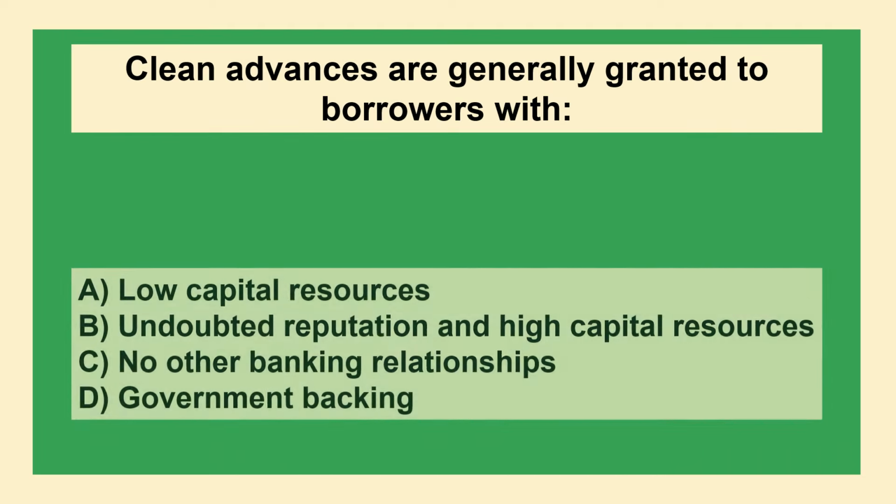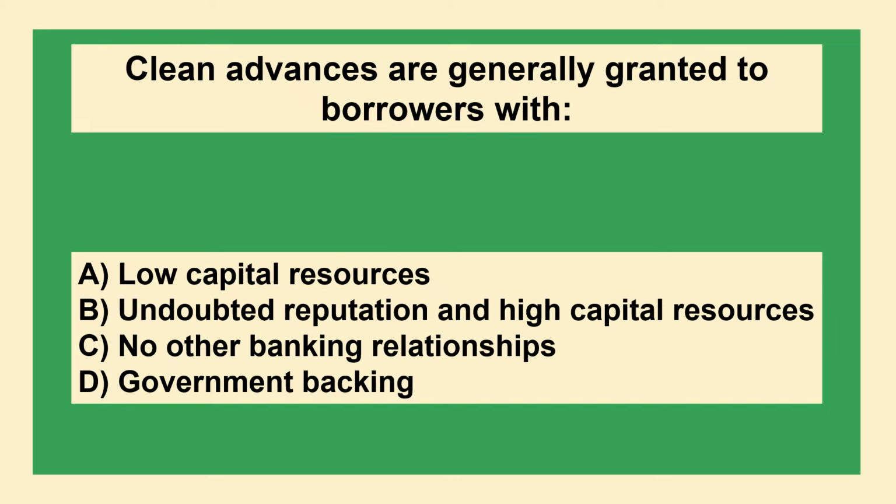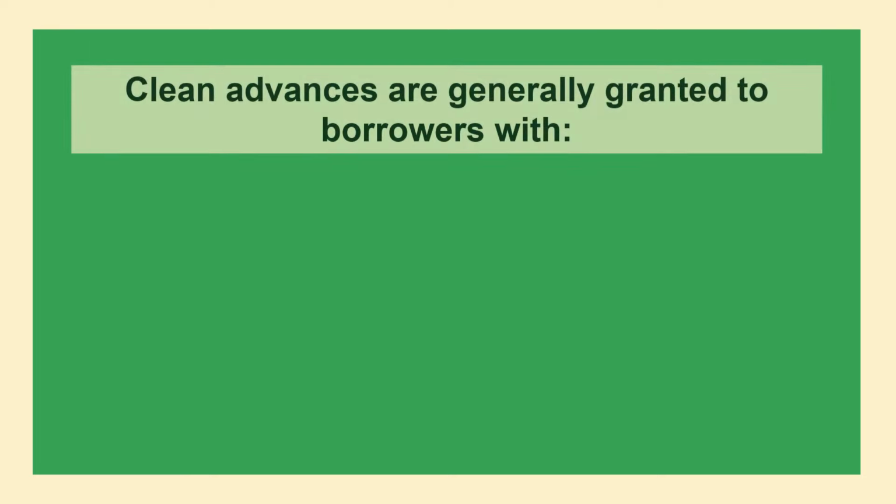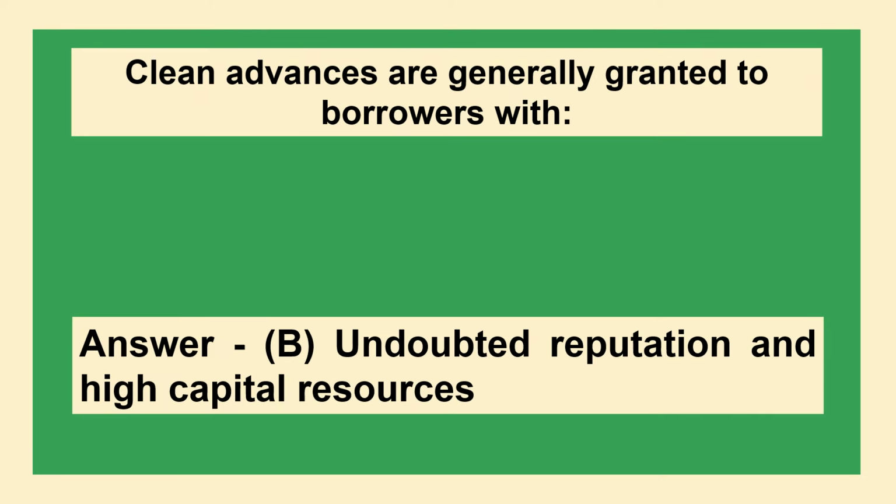The next question is, clean advances are generally granted to borrowers with option A, low capital resources; option B, undoubted reputation and high capital resources; option C, no other banking relationships; option D, government backing. And the correct answer is option B, undoubted reputation and high capital resources.